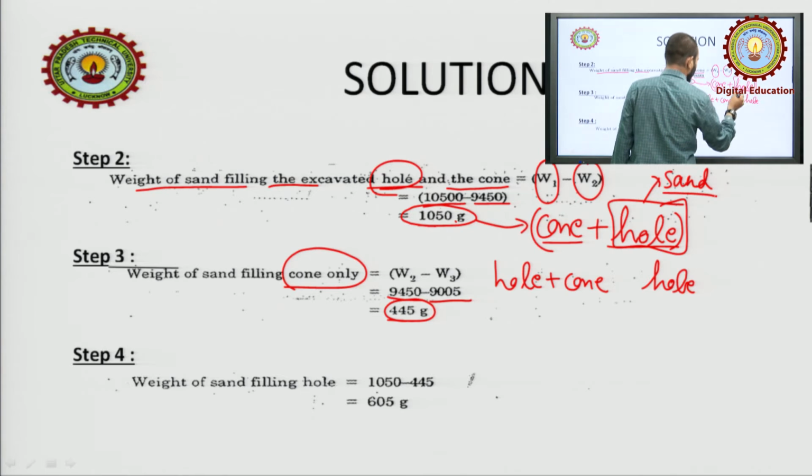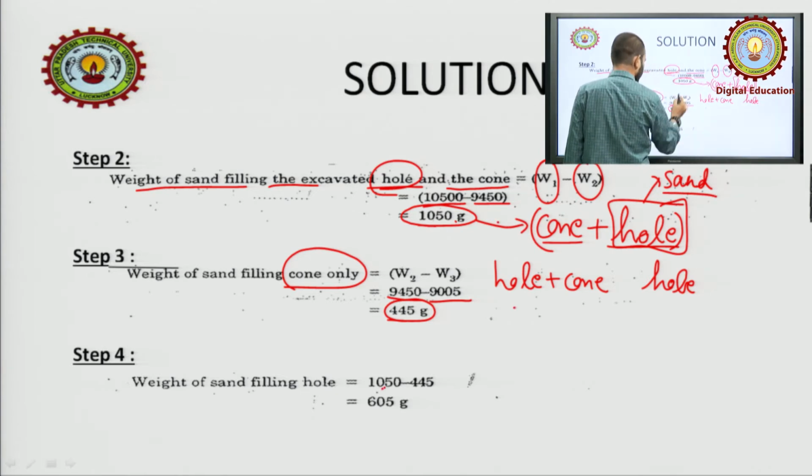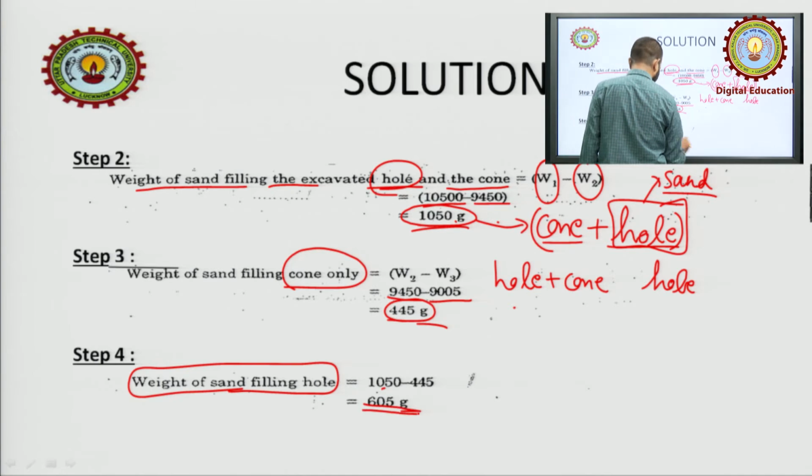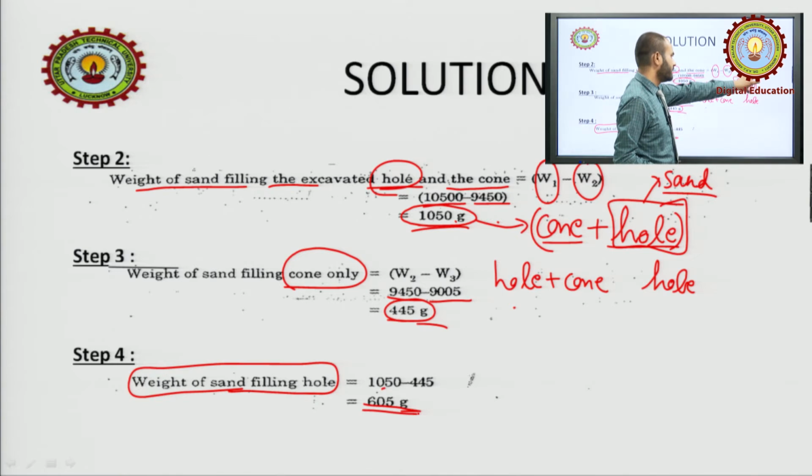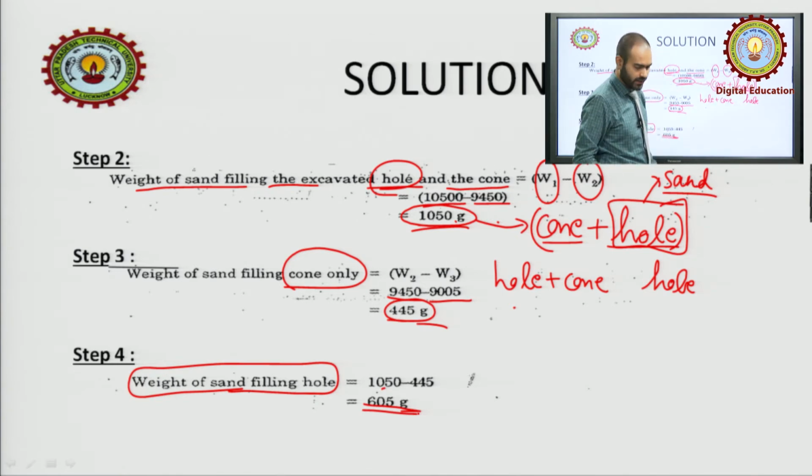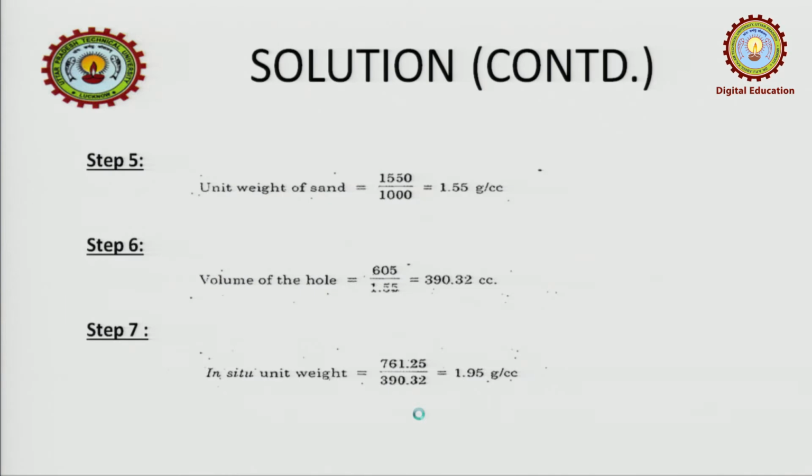To find this, we will subtract these two. So in the hole how much sand was there? We can find it like this: 605 grams. So now we have the weight of the sand which we took to fill up the hole.